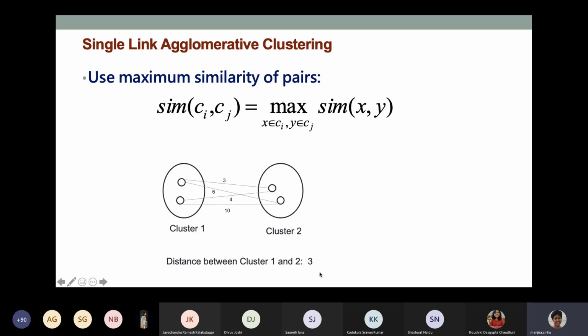If we had taken the complete link approach, then the distance would have become 10, because we would consider the farthest pair. Now, if your question is how do we know these 3, 6, 4, 10? These are basically the graph edge weights. As we are doing clustering on weighted graphs, at least at the stage of clustering, we assume that we already have the graph with the nodes, the connections and the edge weights.